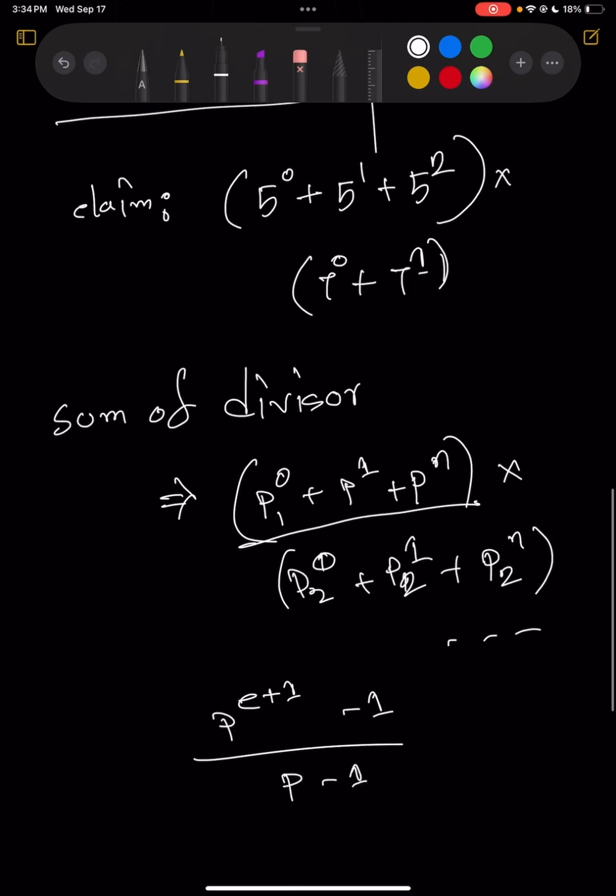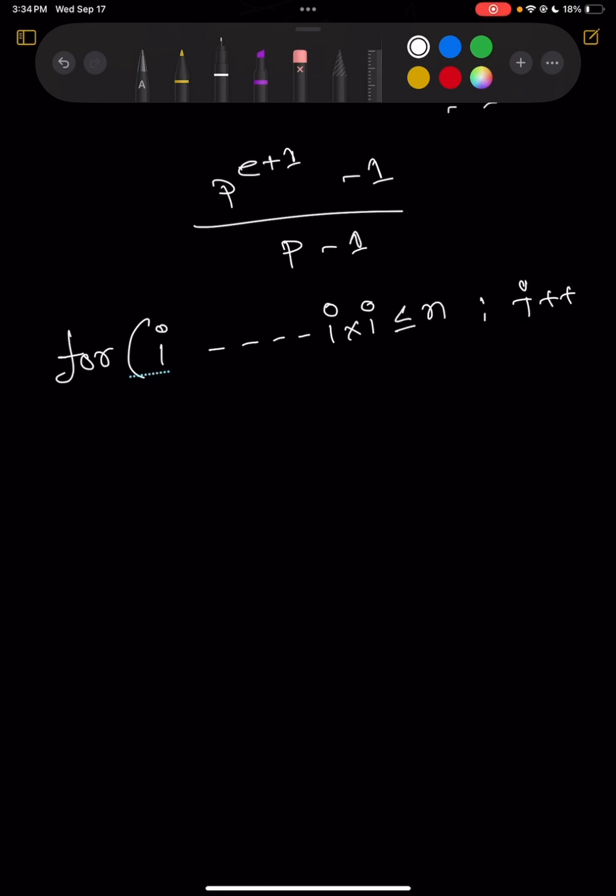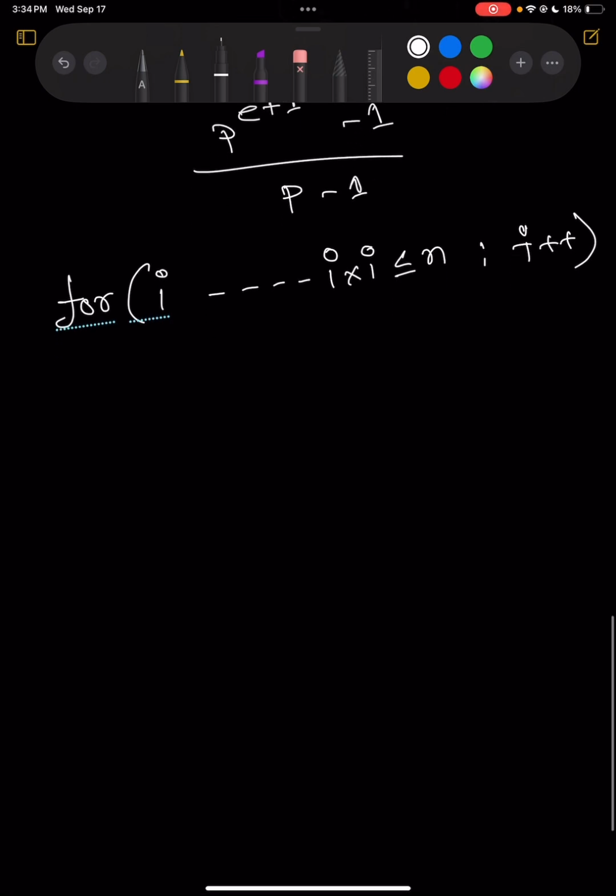So let's see how we can code it. For I going from 2 to n, incrementing by 1, is the part of our code.